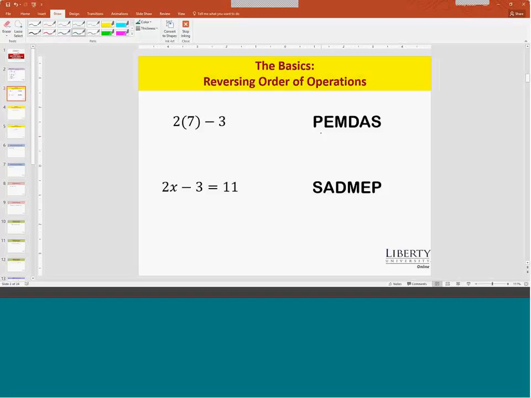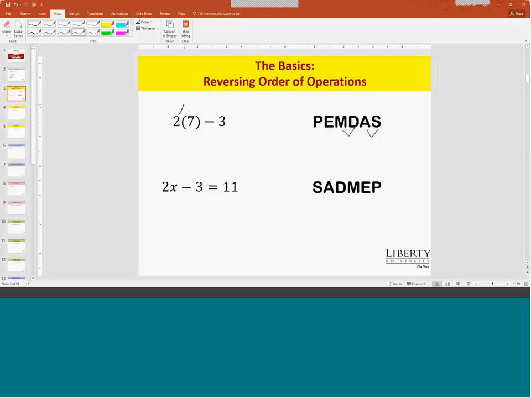We created an acronym to let you know that we do parentheses first, then exponents, then multiplication and division, and then addition and subtraction. That's the order. When you are simplifying an expression, you're putting it together, and so we follow order of operations.